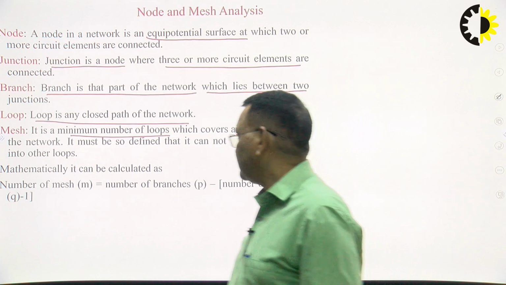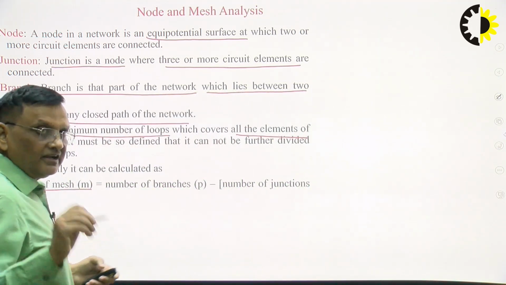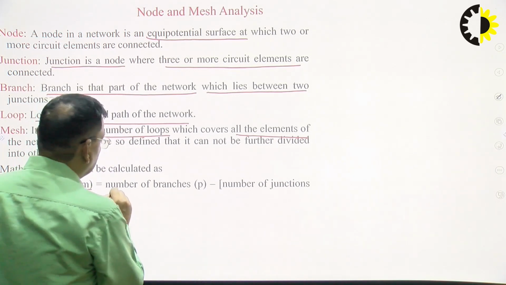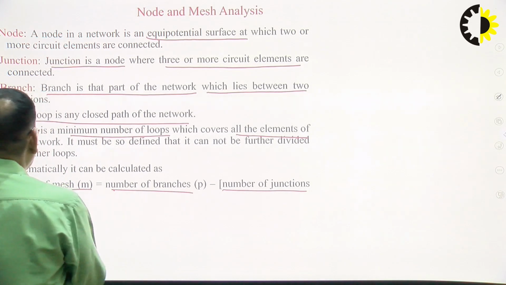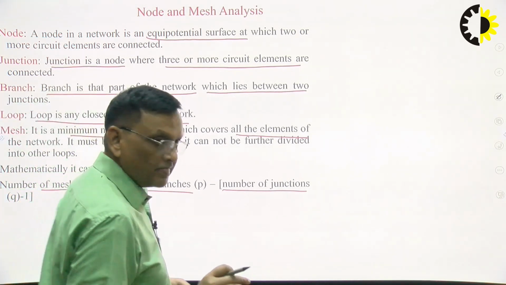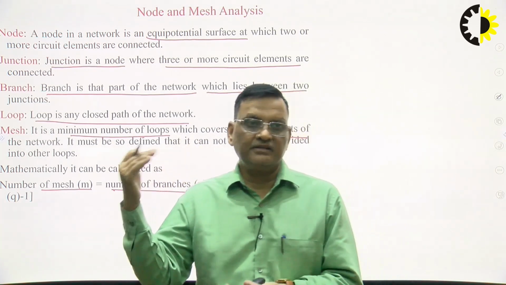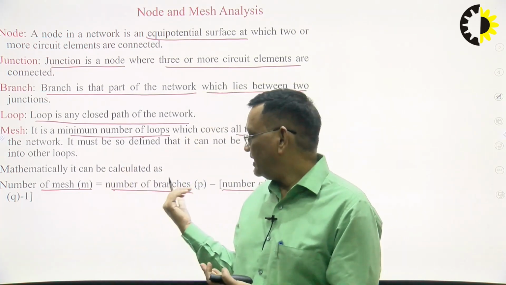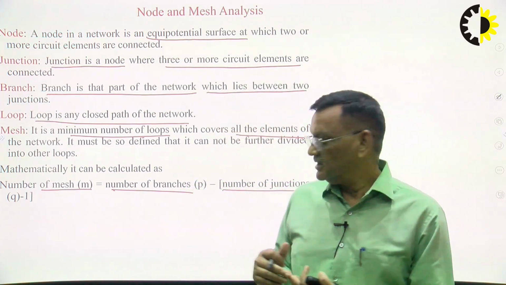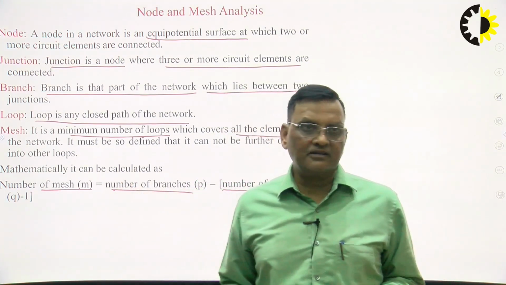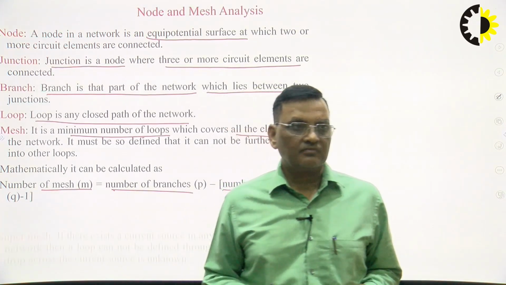Mathematically, the number of meshes in a network is given by the number of branches minus the number of junctions minus 1. So, identify the number of junctions and the number of branches, and take the difference, and we will get the number of meshes in a given network.